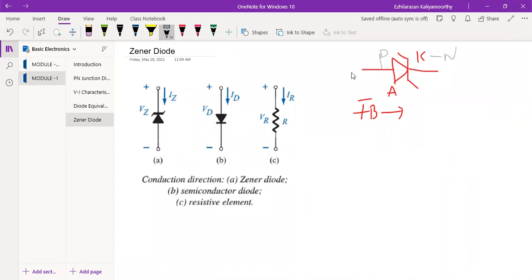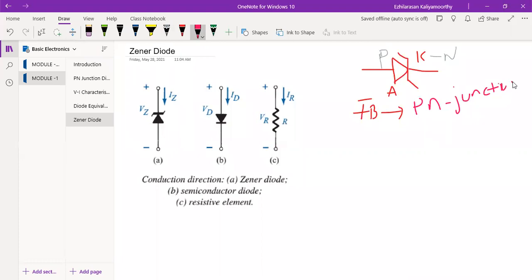The anode is connected to the positive terminal of the battery and the cathode to the negative side, so it works in forward bias. The current flows in the forward direction and it behaves as a conventional diode, like a PN junction diode.